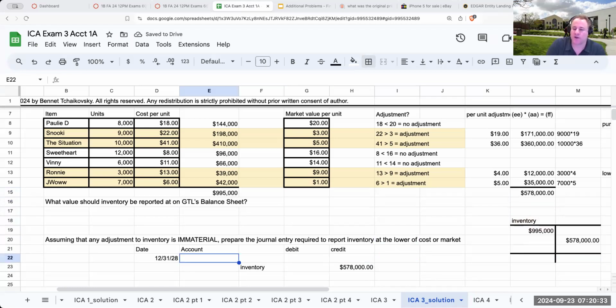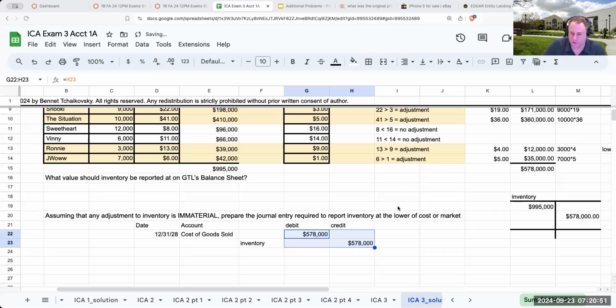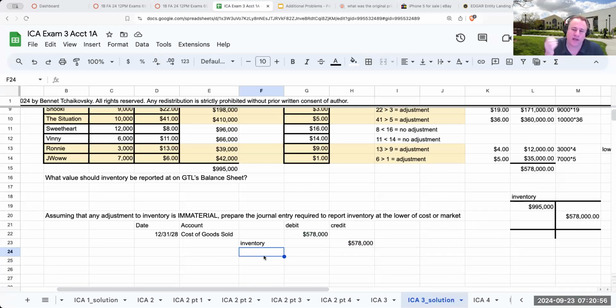Now, in terms of what I debit, if the amount is not significant to the income statement, I'm going to go ahead and debit cost of goods sold. The materiality thing in this part is very important because there's a different way we can do this. Instead of crediting inventory, I could credit a contra asset account, basically inventory allowances, or something along those lines where you're reducing the inventory for different types of adjustments.